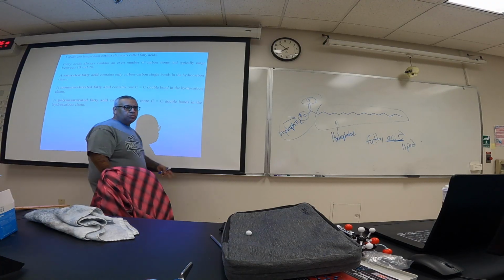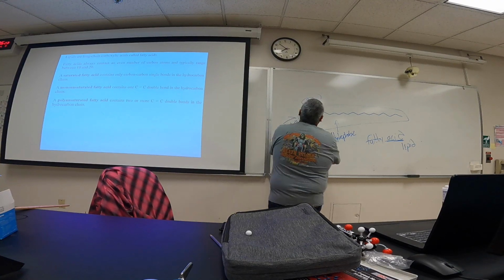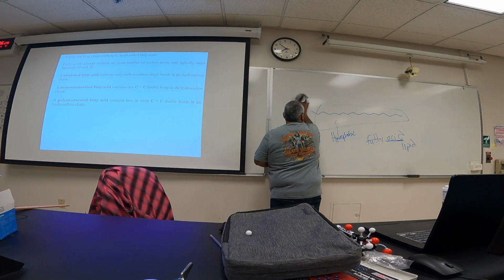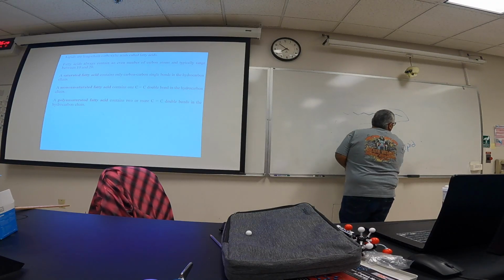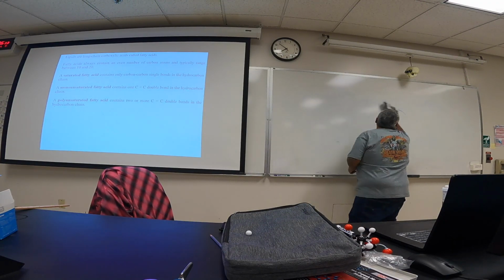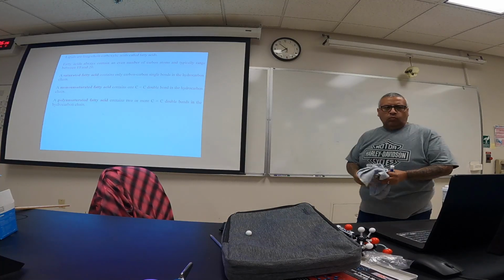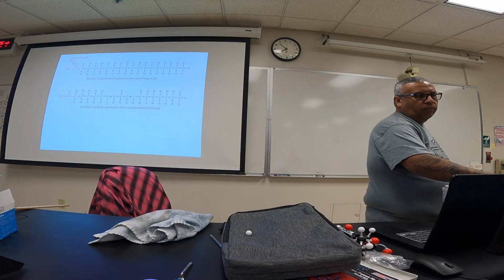And we're going to talk about two types in particular, saturated and unsaturated fatty acids. So when we look at saturated fatty acids, I have a photo in the next one that I'm going to get to. I'm going to be switching back and forth here.